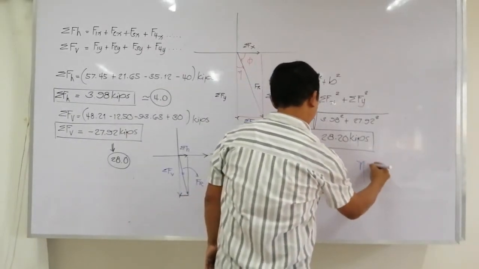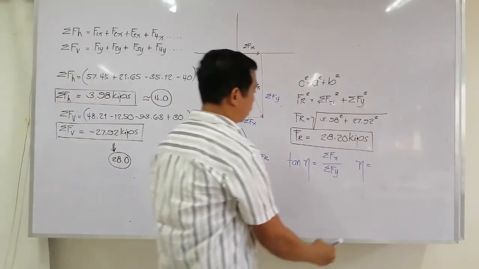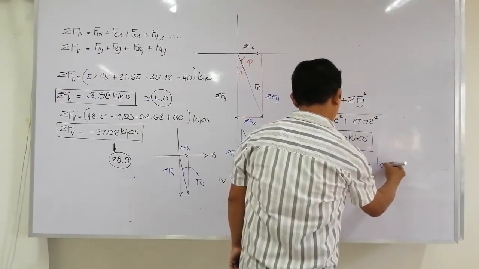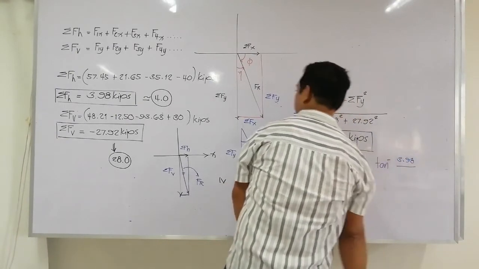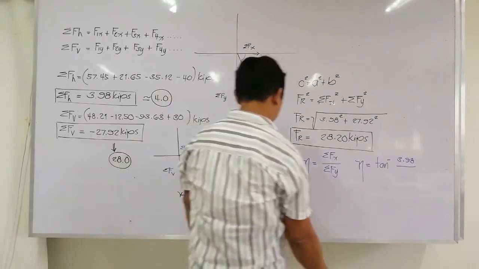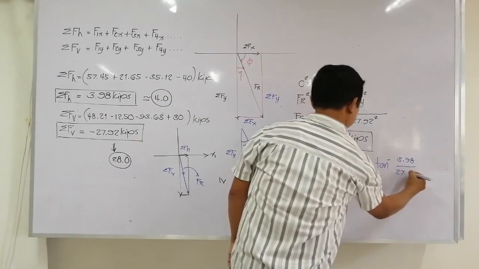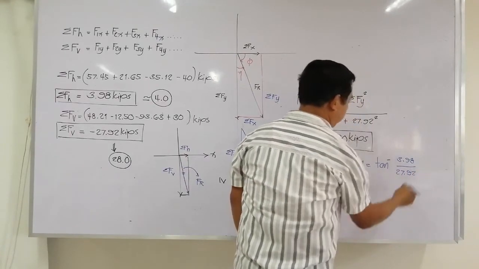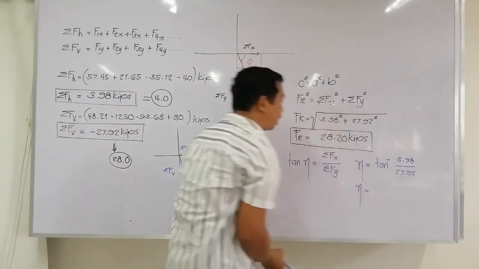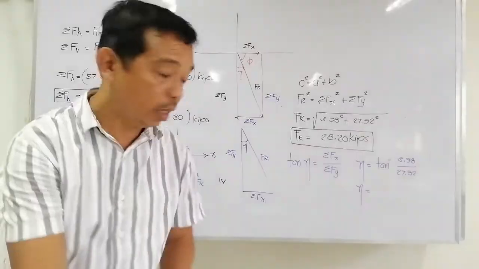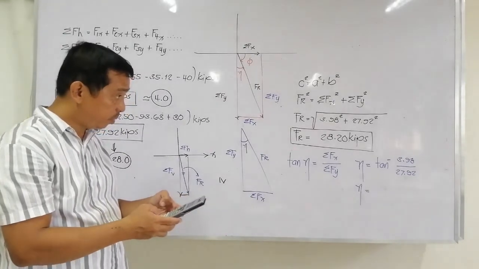Your Greek letter eta would have to be 3.98 divided by 27.92, kips cancelled na naman yung unit.